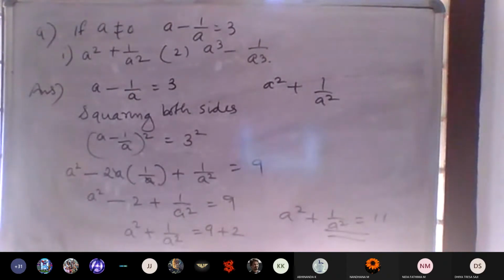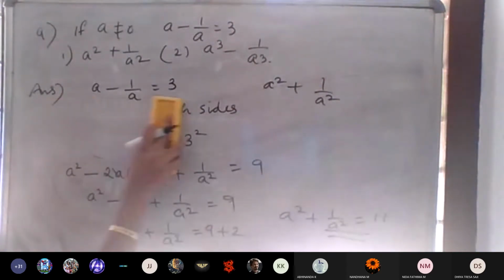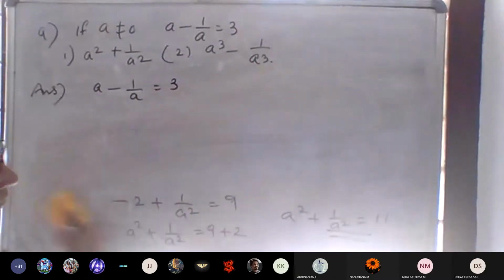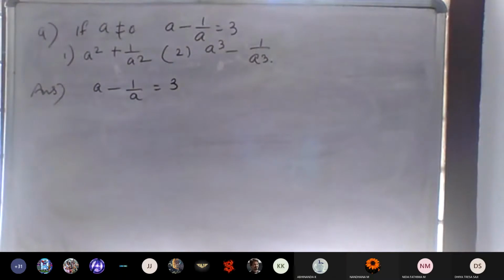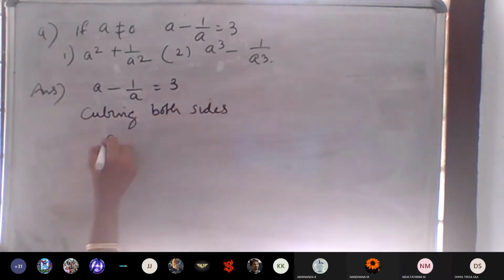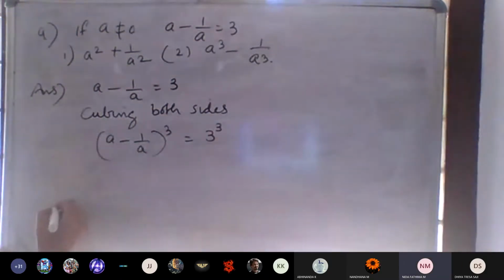Then the second one, a cube minus 1 by a cube, we have to find out. Cubing both sides. a minus 1 by a, the whole cube, is equal to 3 cube.